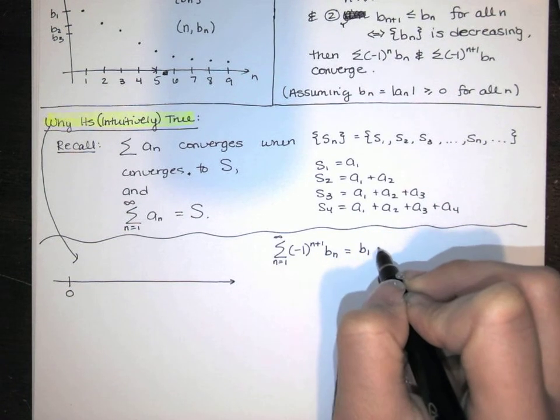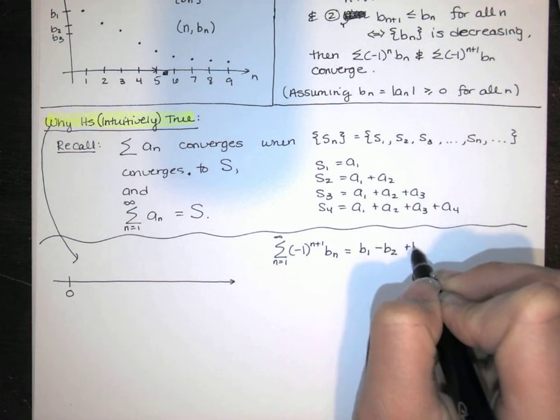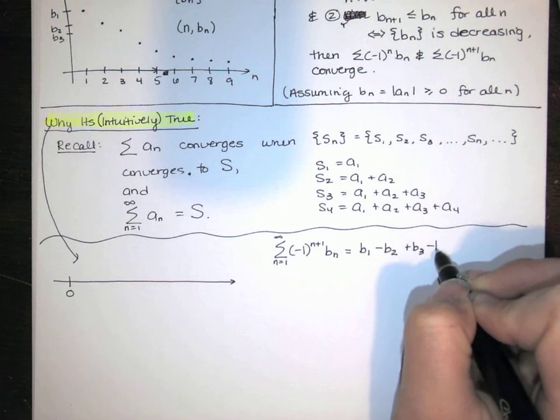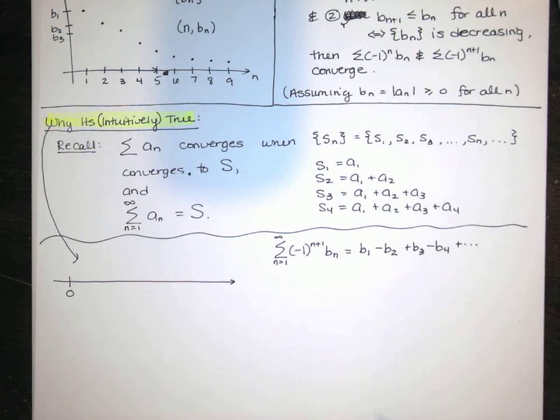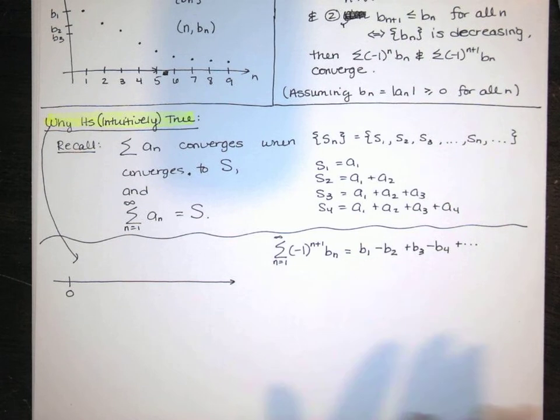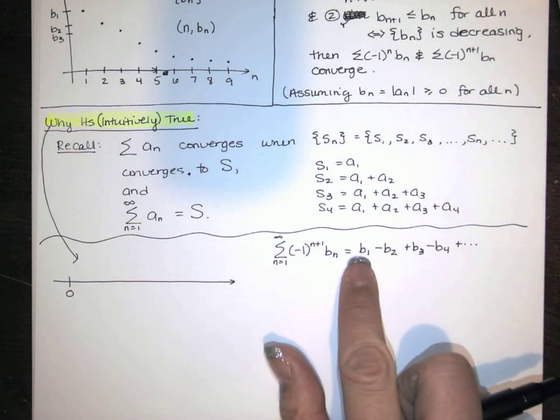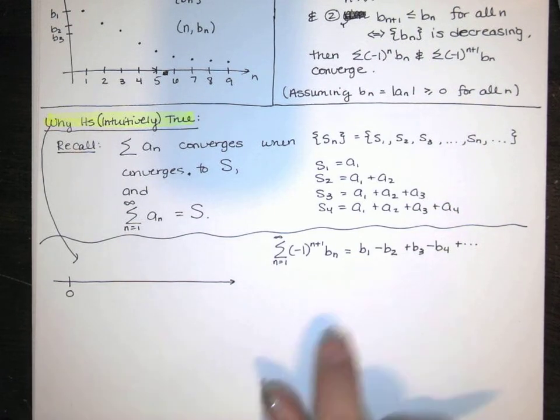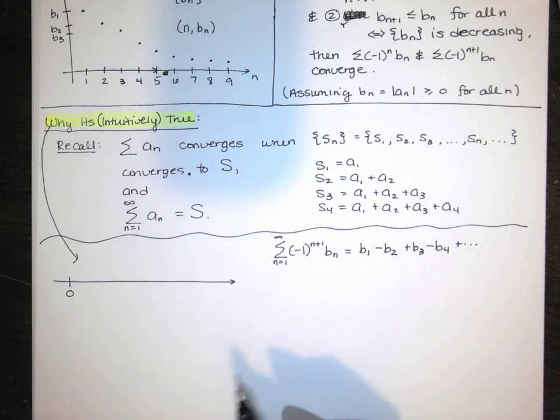So we'll have b sub 1 minus b sub 2 plus b sub 3 minus b sub 4, and so on. That's our series when it's alternating. We could change this by multiplying everything by negative 1, and then we'd start with a negative b sub 1. But we're just going to look at this particular case.